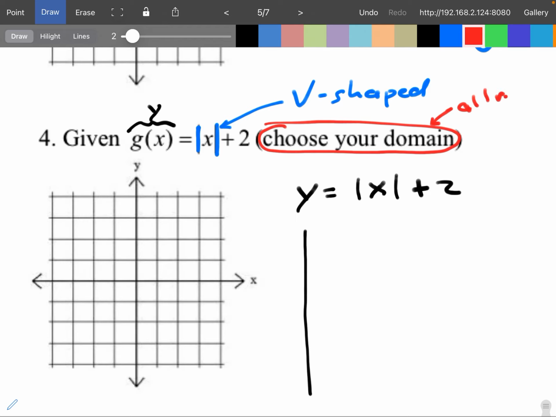So when you see choose your domain, that means your domain is all reals.